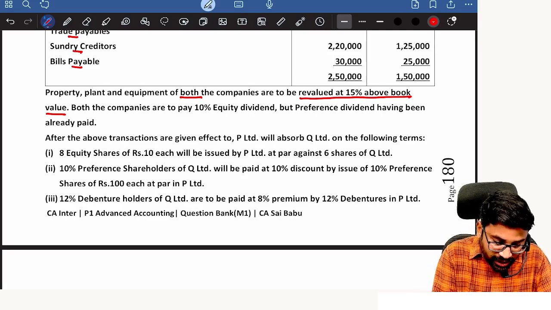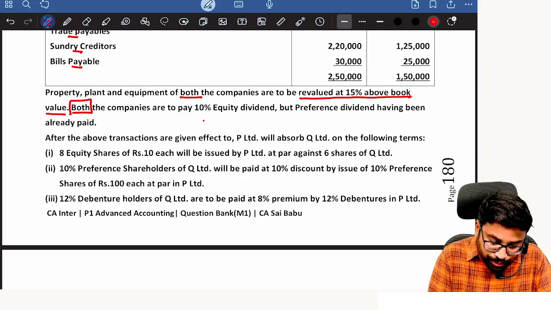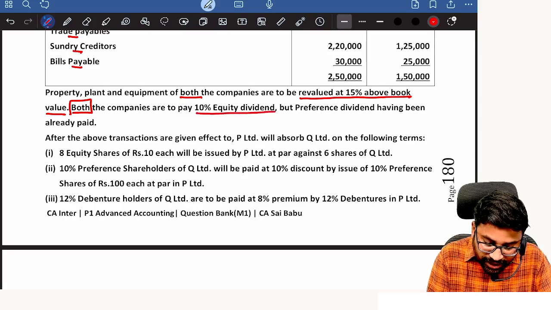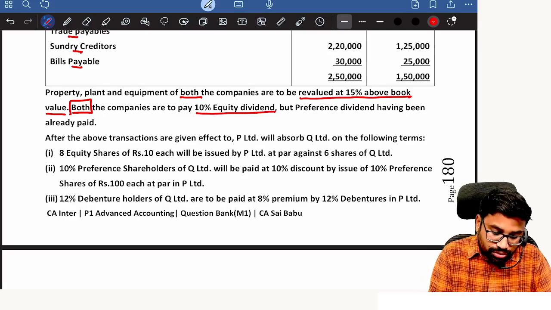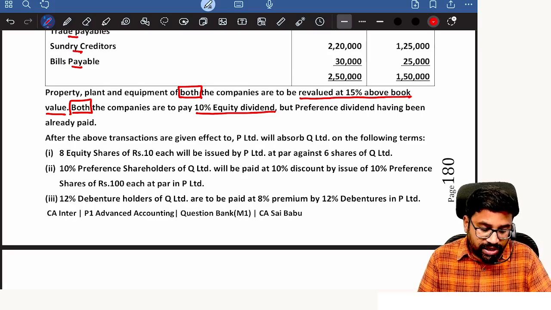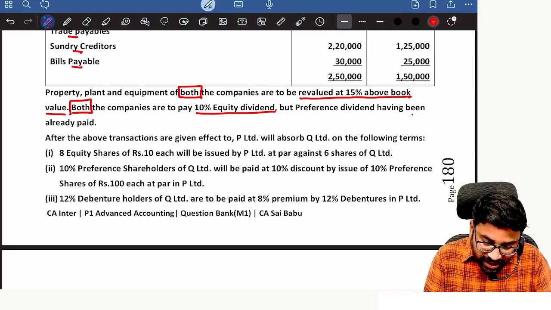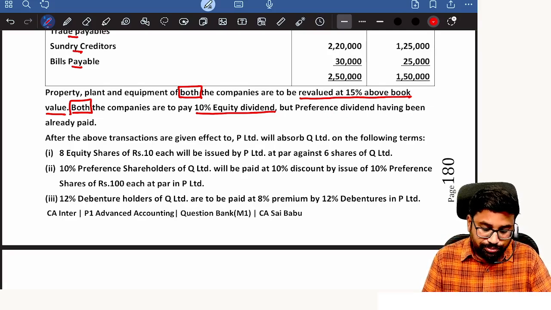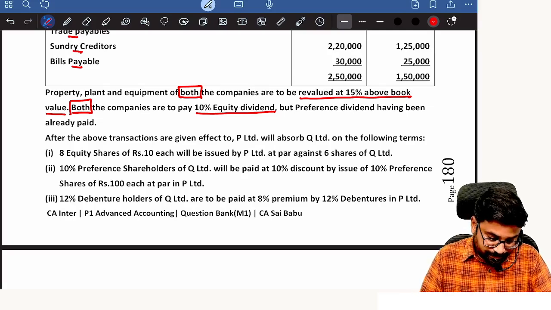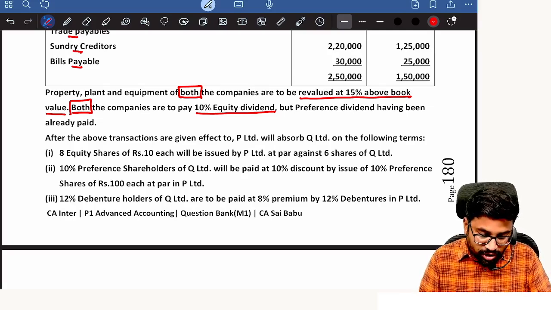Next, again both the companies are to pay 10% equity dividend. So what are the common things to be done in P and Q? Revaluation of PPE by 15%. Both the companies need to pay 10% equity dividend. But preference dividend has already been paid. These are the common things.